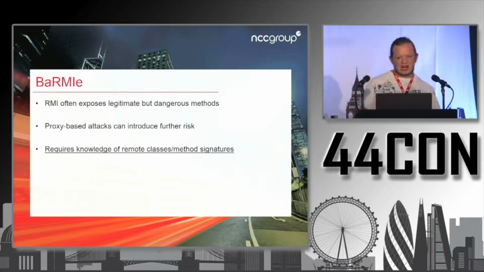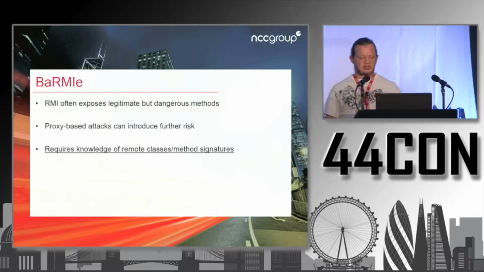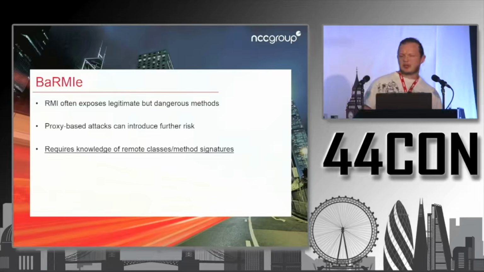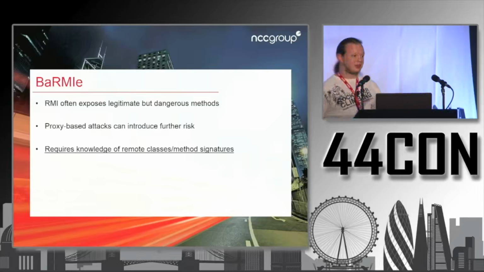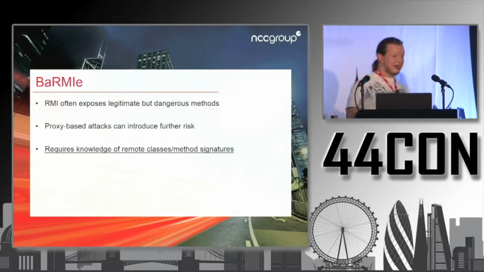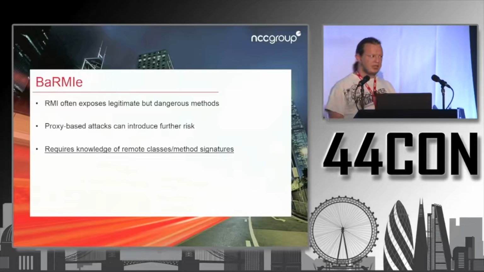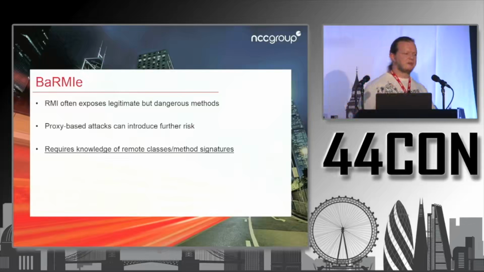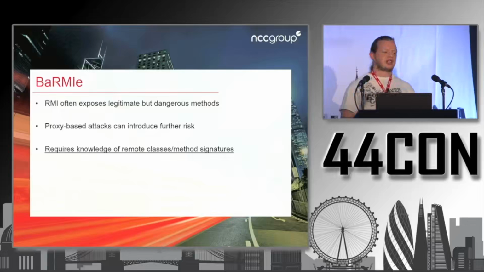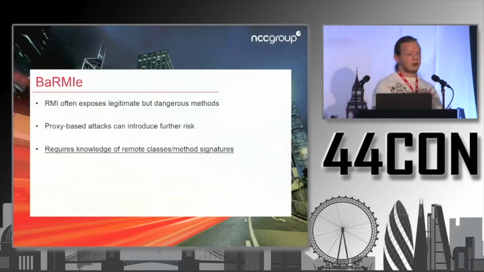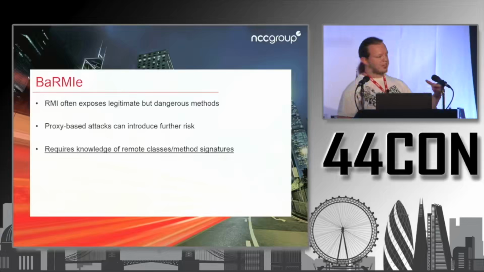Anyone familiar with BaRMIe and vulnerabilities and attacks, you might be aware of some work by a guy called Adam Boulton in 2008. I ended up doing some similar work, not being aware of that, but he looked at whether you can do a zero knowledge attack against RMI. And what it comes down to is when you actually invoke a remote method over RMI, Java generates a hash, which is based on the method signature.